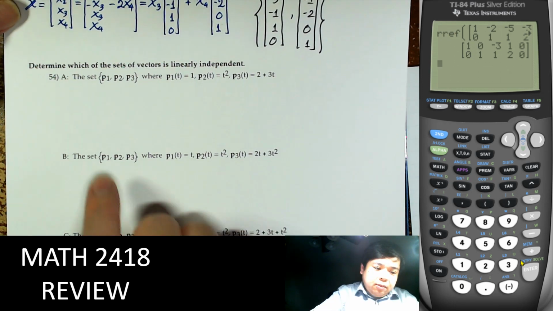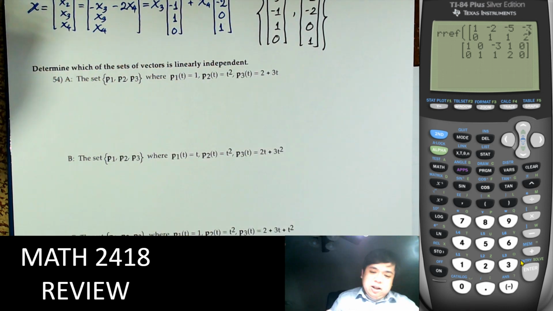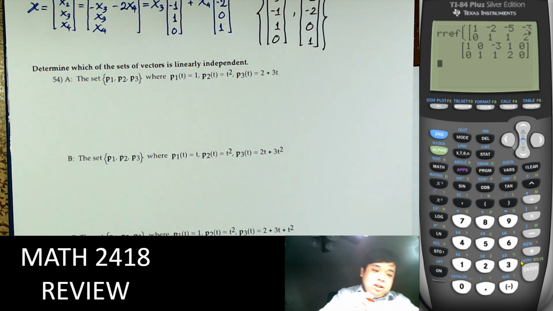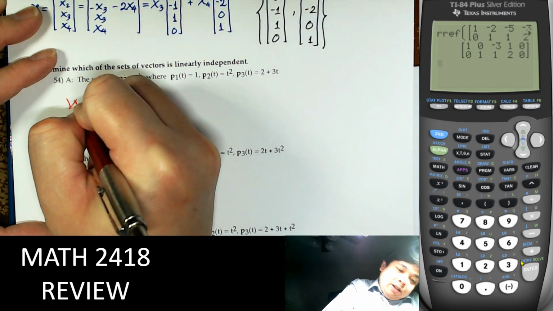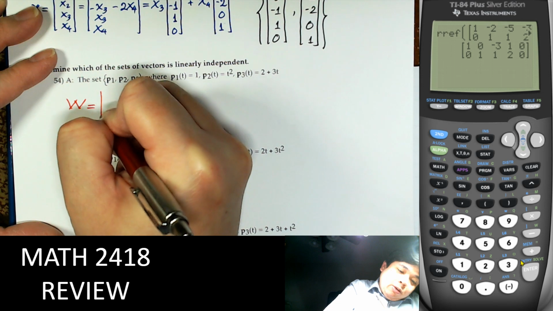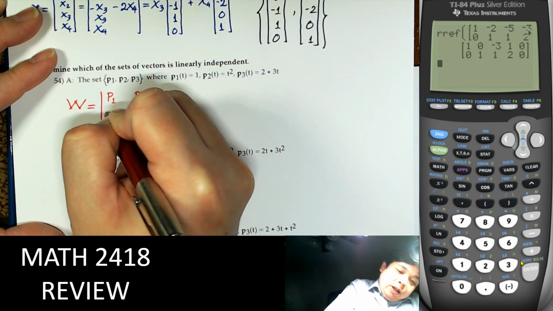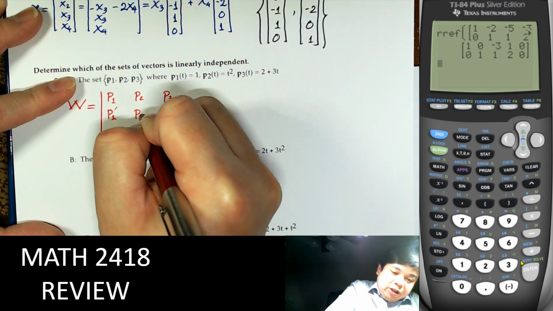Next, determine which set of the following vectors are linearly independent. Well, the way to determine that is to use the Wronskian. Here we have three vectors, so the Wronskian will be built from P1, P2, P3. We have a square matrix, so we need the first derivative.